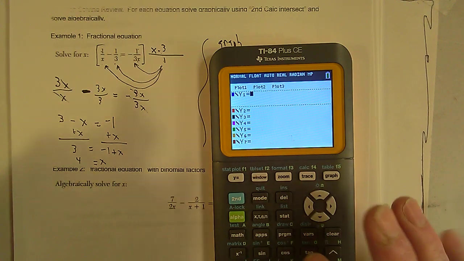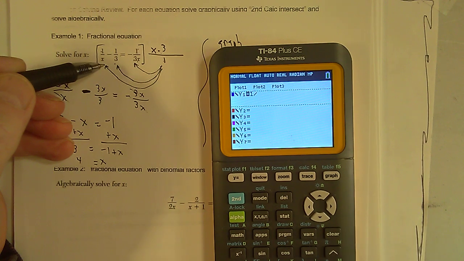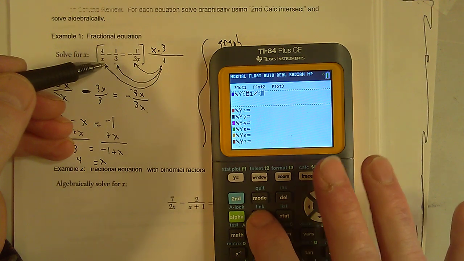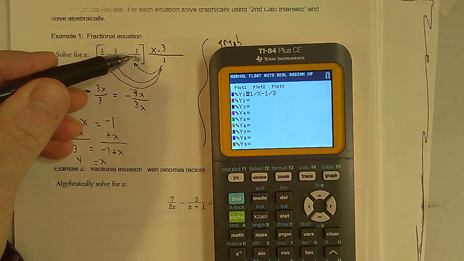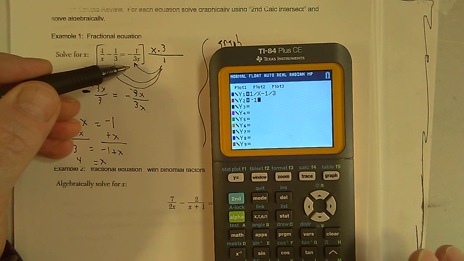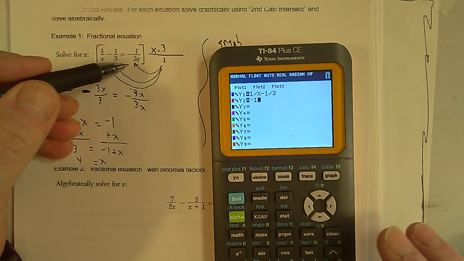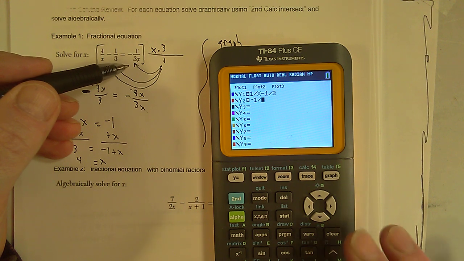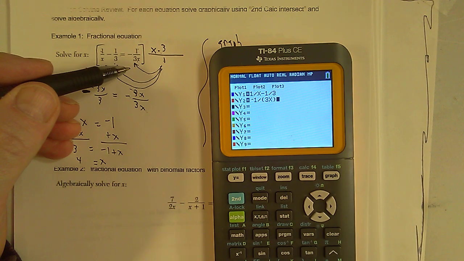So y1, this side: 1 divided by x minus 1 divided by 3. And on the other side, negative 1. Since I didn't use the fraction command, I have to make sure I put this entire denominator in parentheses or I'd get something different.